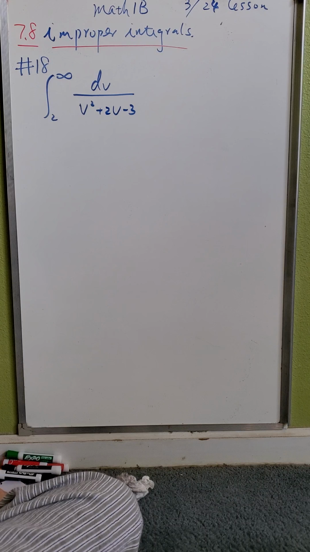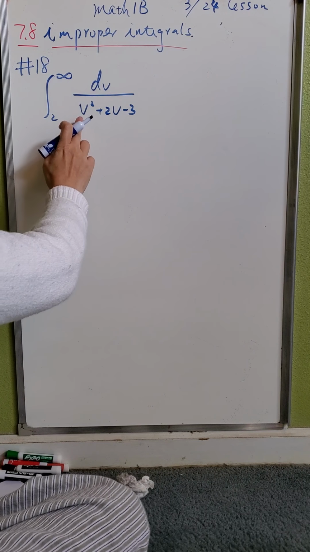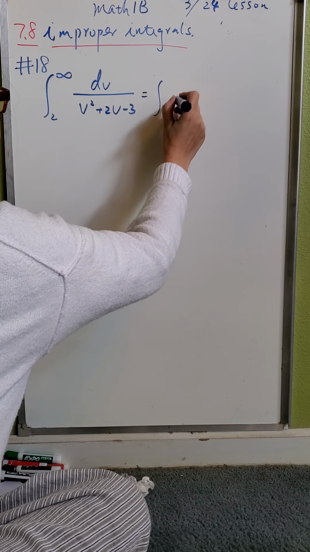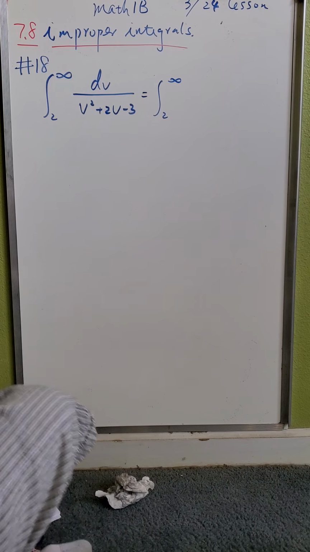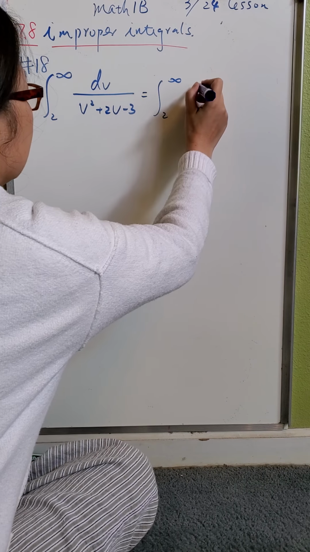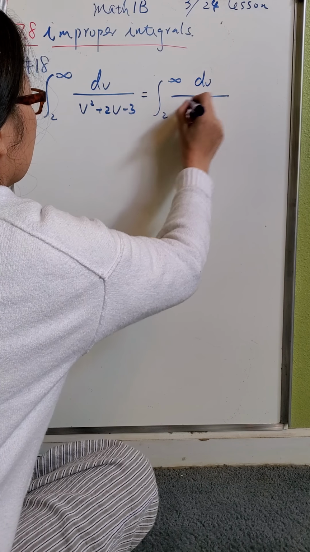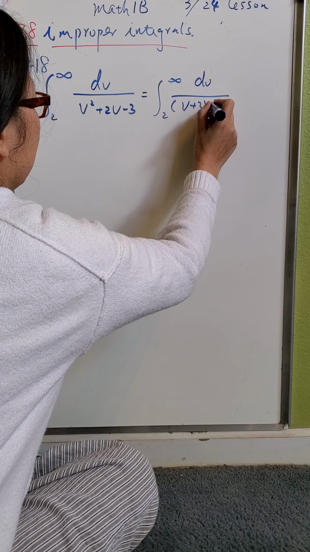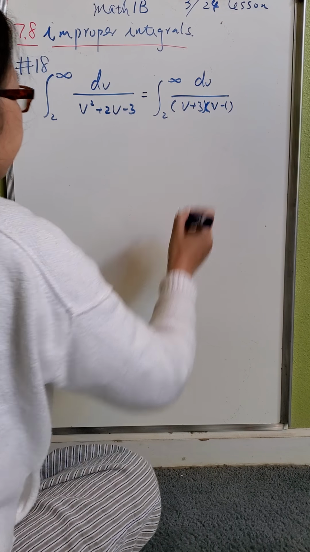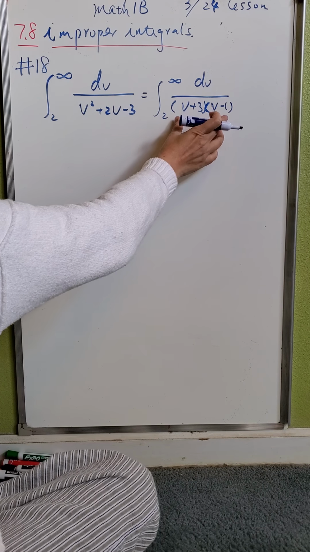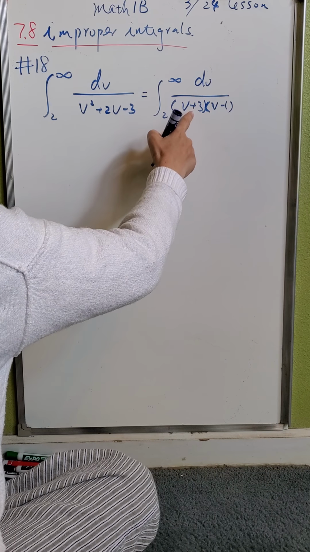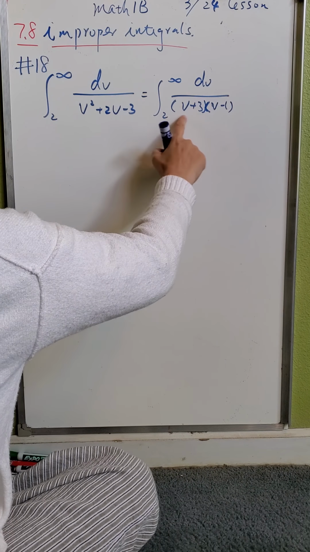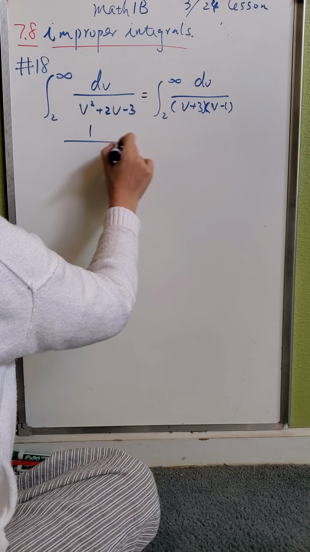We're going to factor this one first. When I factor this, it becomes v plus 3 and then v minus 1. So that means we break this by partial fractions.